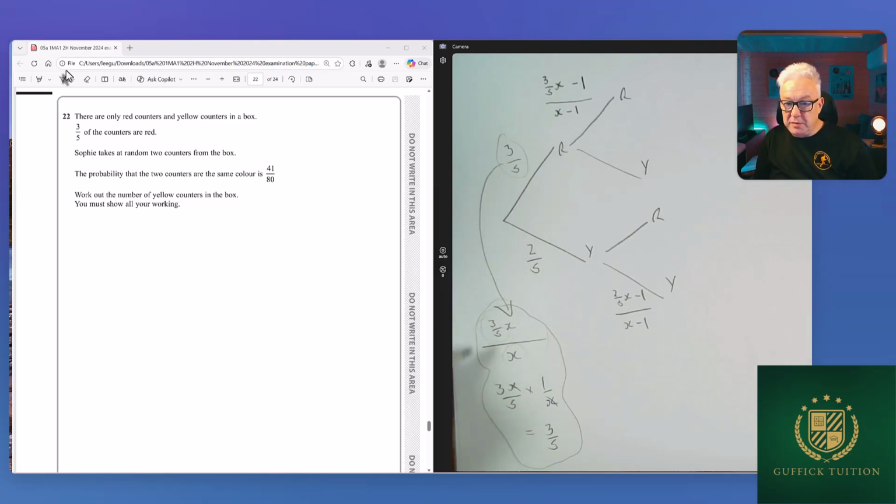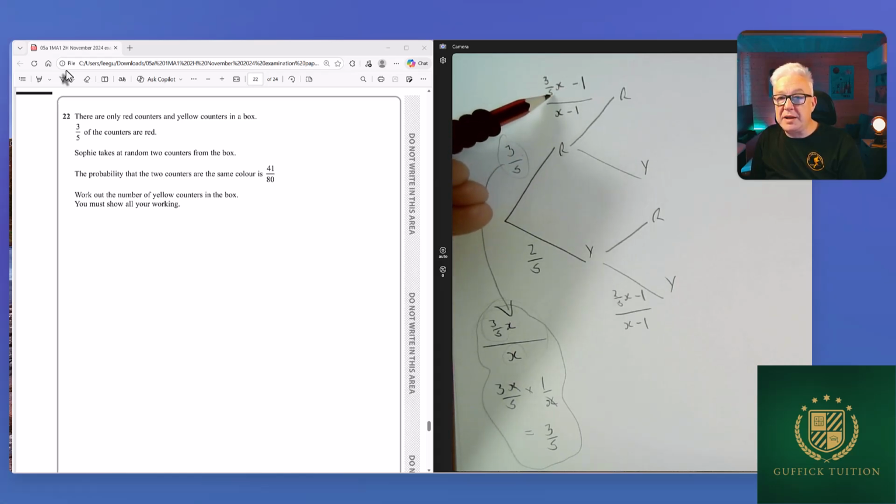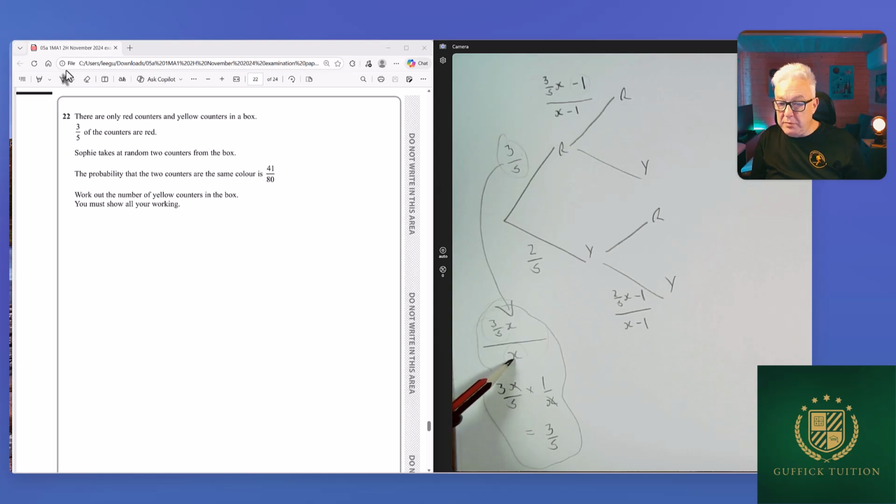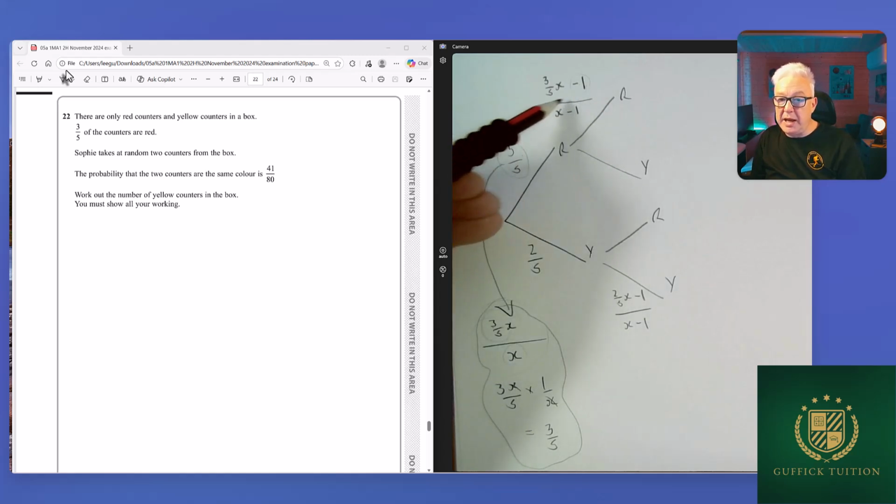Here it might be useful to think about it that way, because it makes it clearer that if this was the number of red before Sophie selected, then if Sophie picked a red first time, the number of red the second time would be 1 less than that. And if this was the total number that was in the box the first time, then when Sophie had selected 1, there's now going to be 1 less, okay?